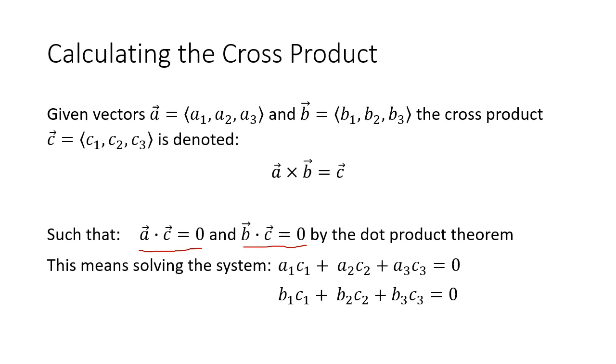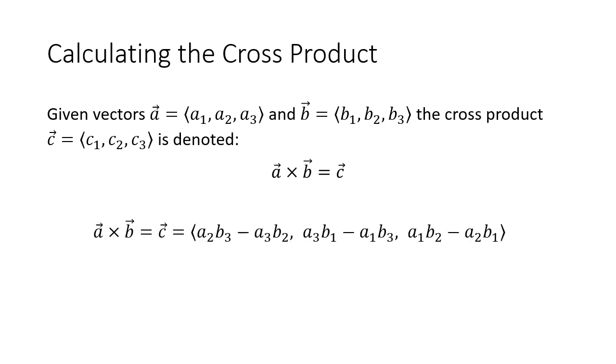And I can go ahead and solve them for C1, C2, and C3. Now, you can absolutely memorize this definition. That's fine. It's all just algebra anyway. However, that's typically not how we calculate cross products in practice.